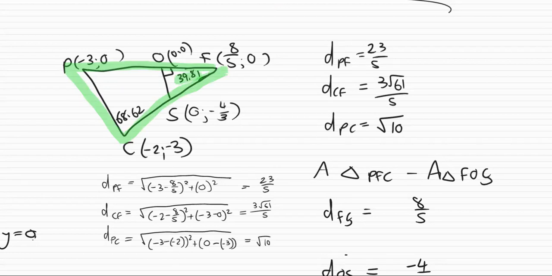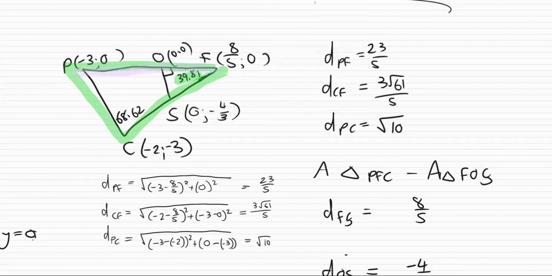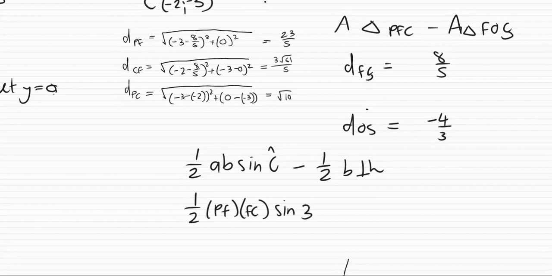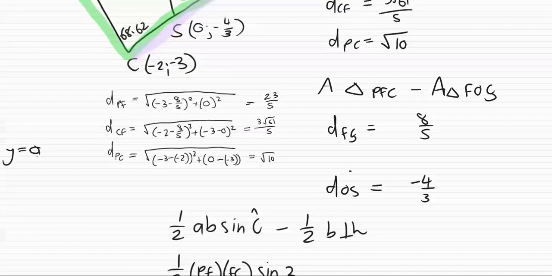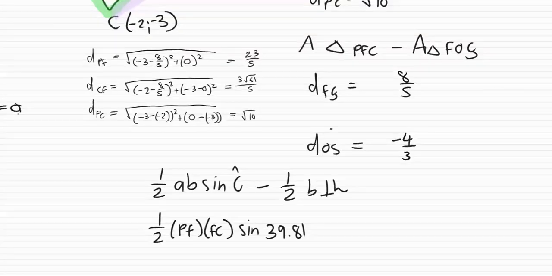And if I use 39.81 as my angle, I have to use PF and FC. So it'll be a half times PF times FC times sine of angle 39.81.